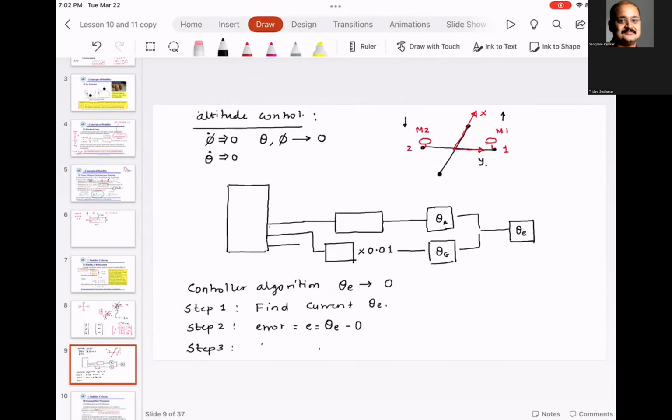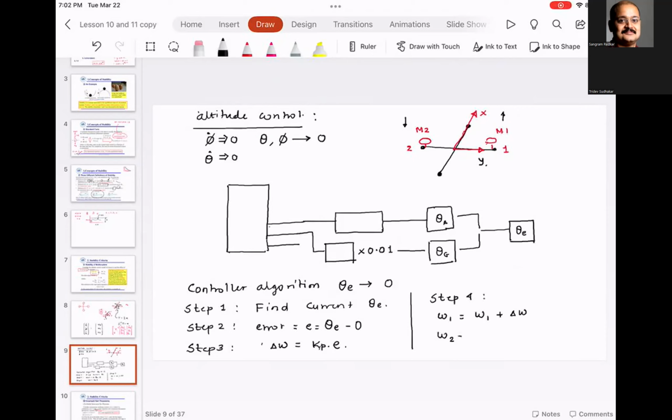So I'm going to say delta omega, this is very important, delta omega is equal to Kp times E. And step 4, omega 1 is equal to omega 1 plus delta omega.